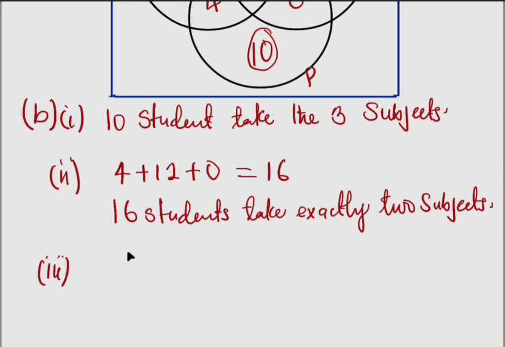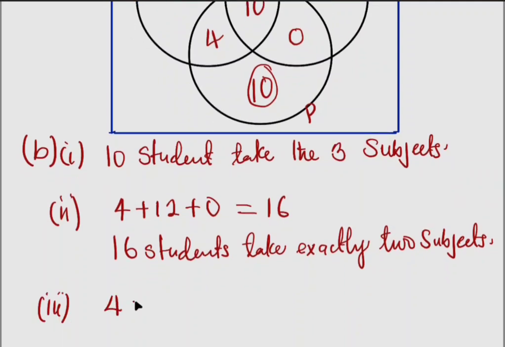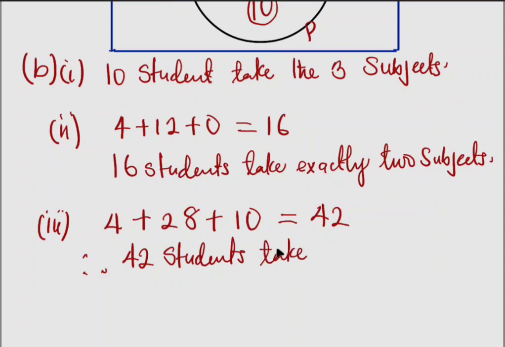We find their sum. We have 4 plus 28 and plus 10. So 4 plus 28, that's 32. 32 plus 10, that gives us 42. Therefore, 42 students take exactly one subject.